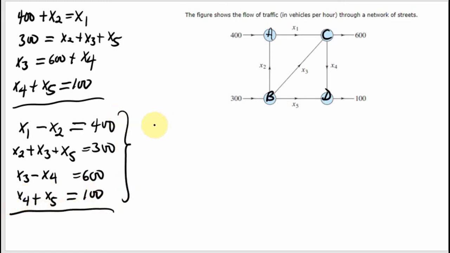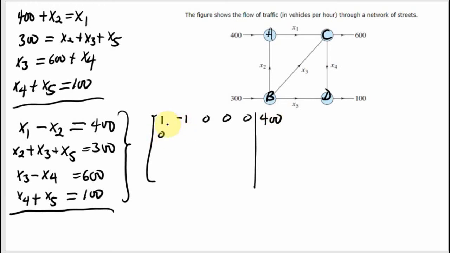So now we can write this in a matrix. This is x sub 1 is 1, x sub 2 is negative 1, and it has 5 variables. This first equation does not have x sub 3, x sub 4, or x sub 5. That's equal to 400. The second equation does not have x sub 1.